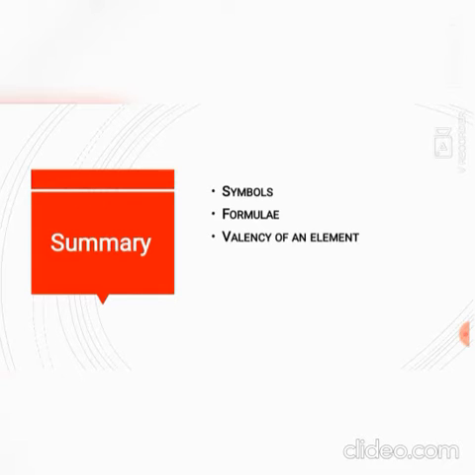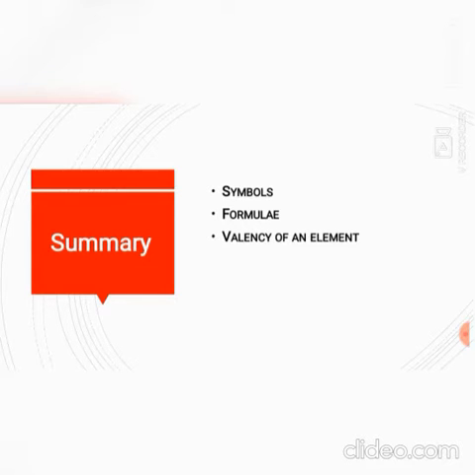Then we have seen the ways to write the symbols. First one is the first letter of the English name of an element. The second way is the first letter along with one more letter of the English name of an element. Example, helium, He.